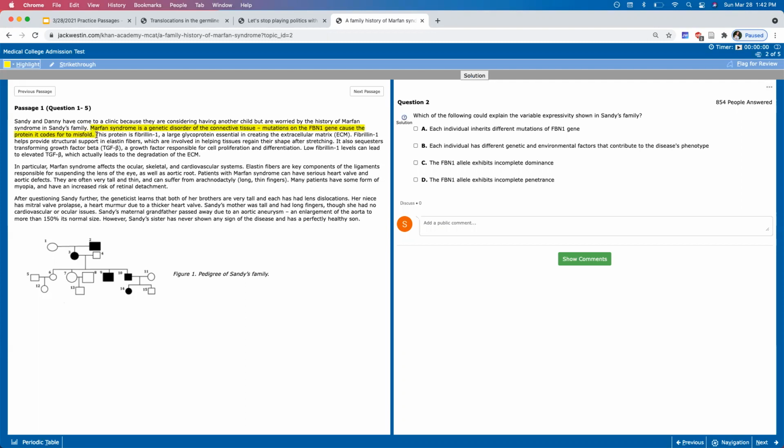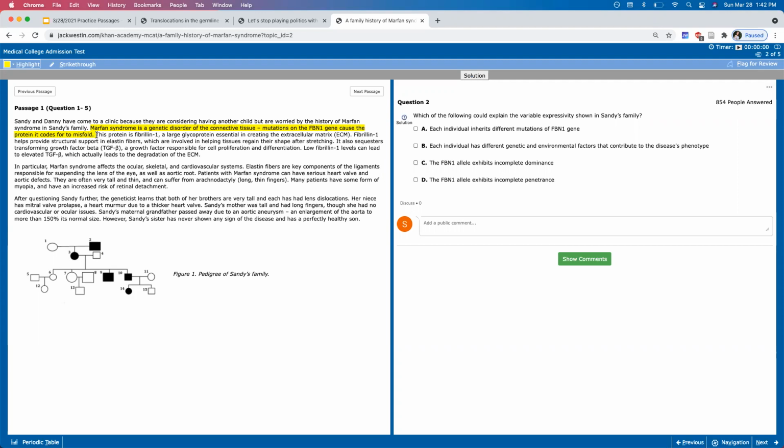But are they using a plural? So could it be that they have different kinds of mutation? No, I think that's not what they're trying to say. It's not different mutations. The mutation might be the same, but the way it's expressed might be different because of the different genetic factors and how they live in an environment, and it might contribute to that. Does that help a little bit?